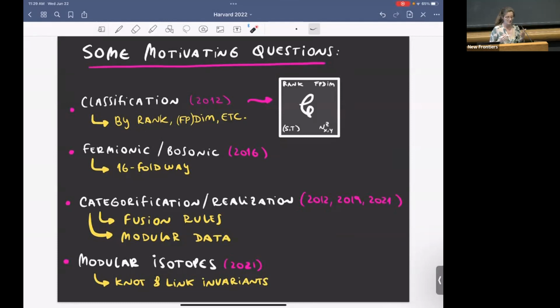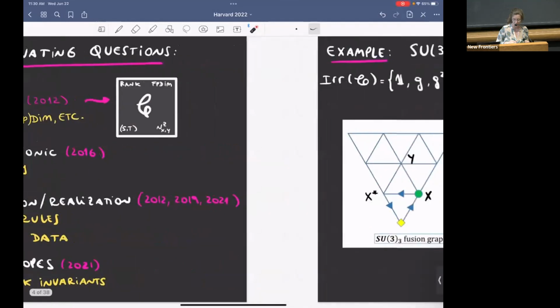So that was one of the comments yesterday, that modular data was not enough. It's a nice invariant, but it's not complete. So we want to understand these kinds of families that are related because they have the same modular data, but are not equivalent. So we use knot and link invariants and Zesting to relate some of the known families of modular isotopes that we have.